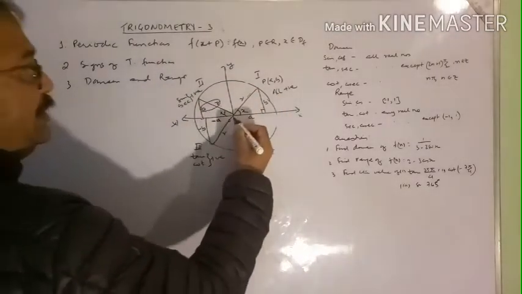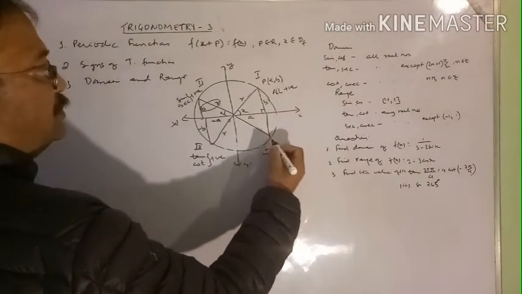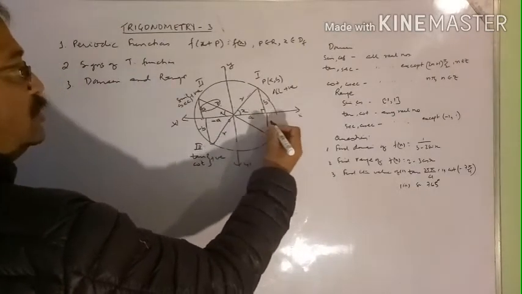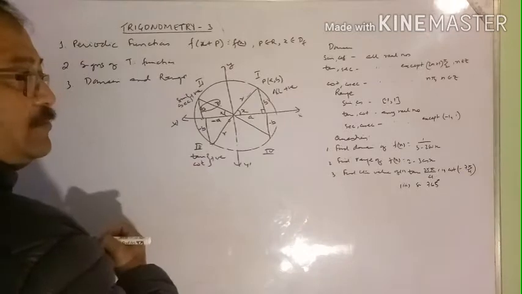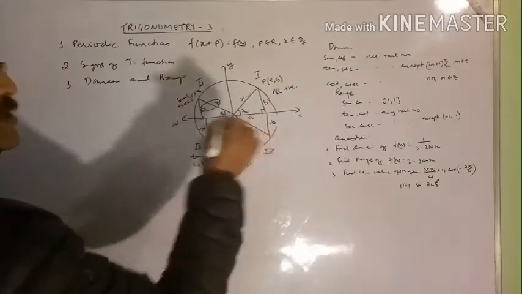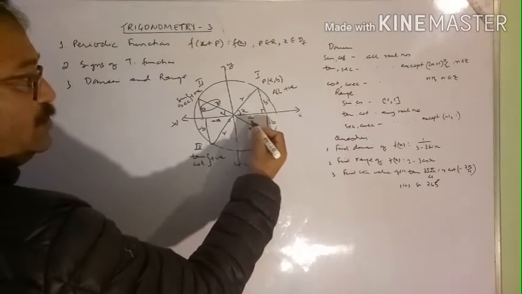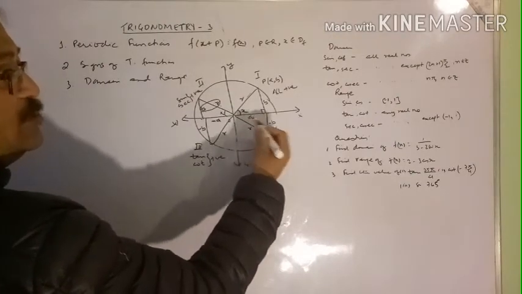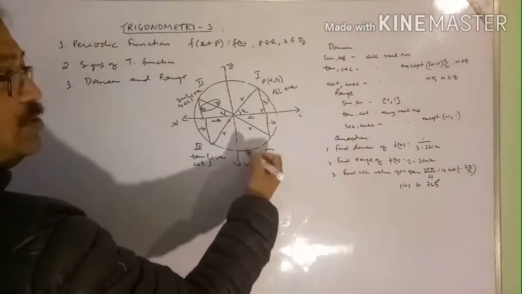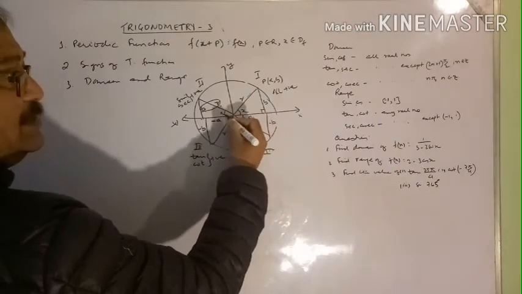Okay. Similarly, in the fourth quadrant, suppose here this A is positive but B will be negative. So this R is always positive. So ratio involving these two will be positive. Ratio involving this will be negative. So B by A, this is X here.